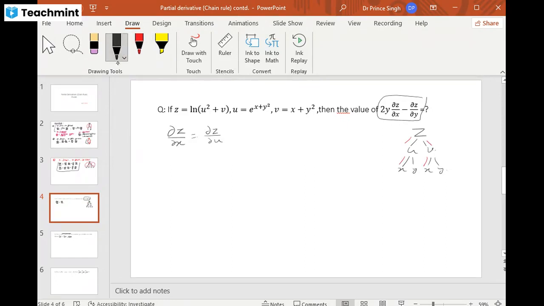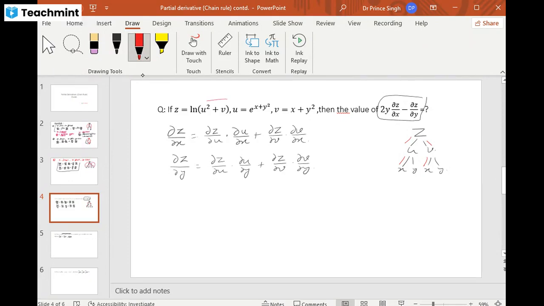So we are going to use this chain rule: ∂z/∂u into ∂u/∂x plus ∂z/∂v into ∂v/∂x. Similarly, ∂z/∂y is ∂z/∂u into ∂u/∂y plus ∂z/∂v into ∂v/∂y. So basically we need these derivatives if we want to calculate the values of ∂z/∂x and ∂z/∂y.